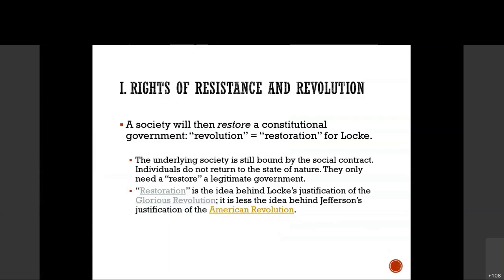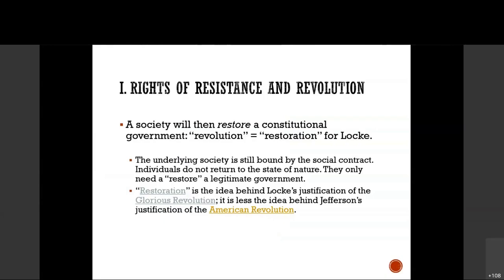Because, first of all, the British colonies, for example, never had representation in Parliament. And the British colonists were very upset about that, especially when it came to taxation. But there was no normative relationship to restore in the way that Locke thought there was a normative relationship between king and parliament that needed to be restored. Okay, so that's one problem.